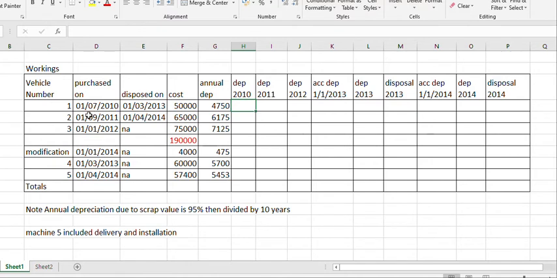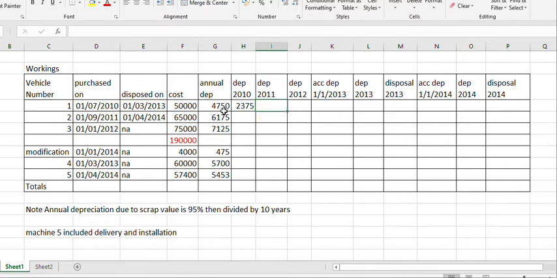So in 2010, we purchased it on the 1st of July, so we owned the machine for 6 months. A full year's depreciation would be 4,750. So for 2010, it's going to be 4,750 divided by 12 multiplied by 6, because we had that machine for 6 months.